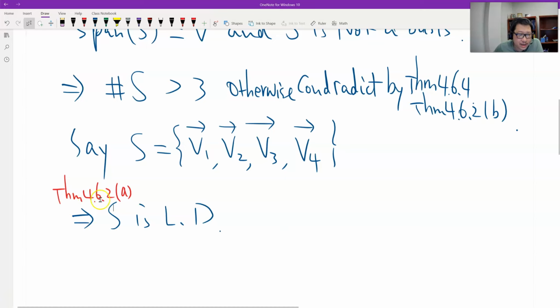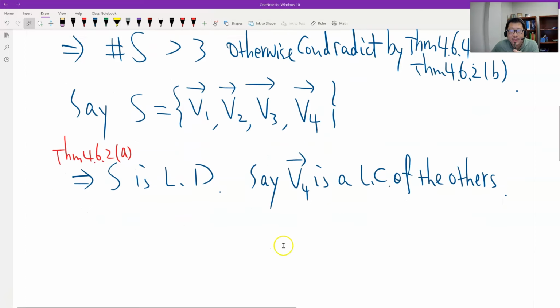By the theorem 4.6.2 before, if the number of vectors is more than the dimension, the set should be linearly dependent. Linearly dependent means that at least one vector is a linear combination of the others. So let's say V4 is a linear combination of the others.